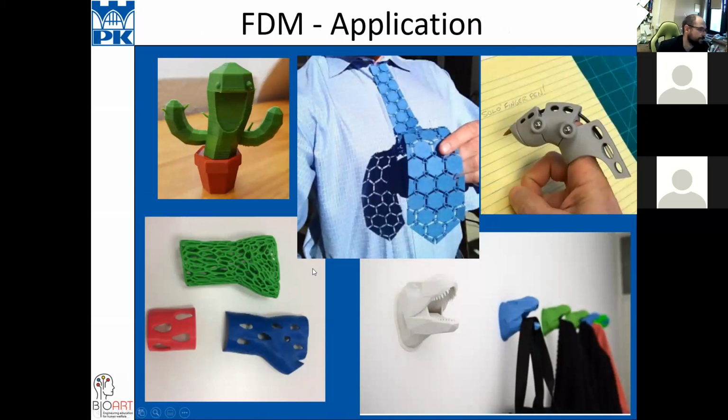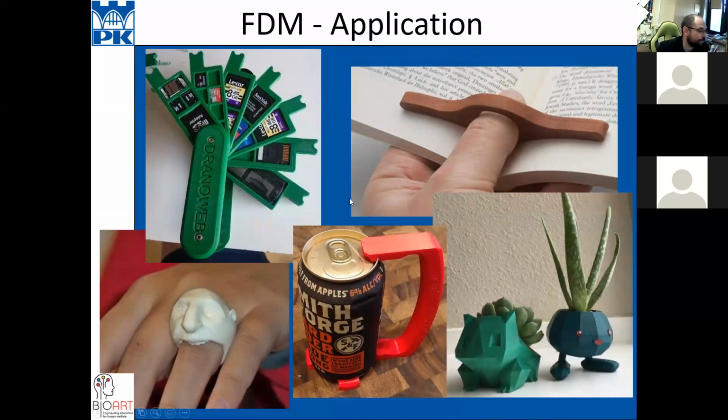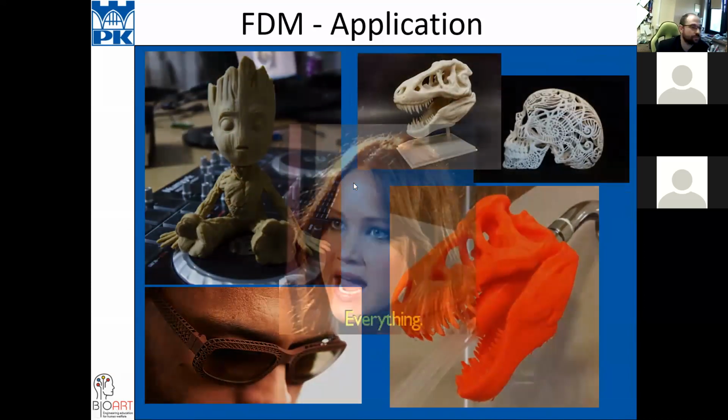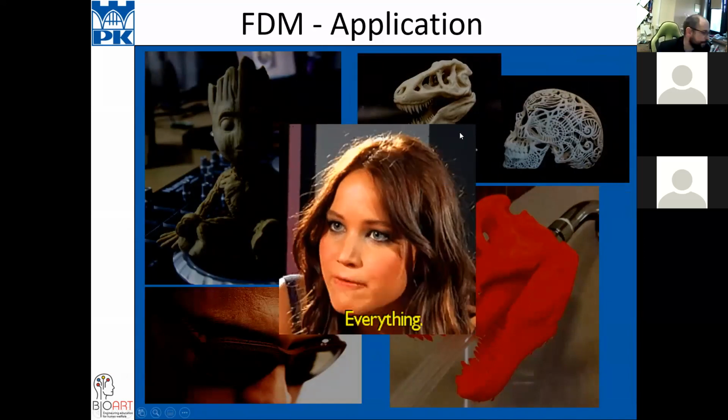Here you have something you can use in medicine, some kind of orthoses, but you can print many different kinds of things. Some more samples here. Yeah, I love 3D printing. I love FDM. That's why I think that you can print almost everything.